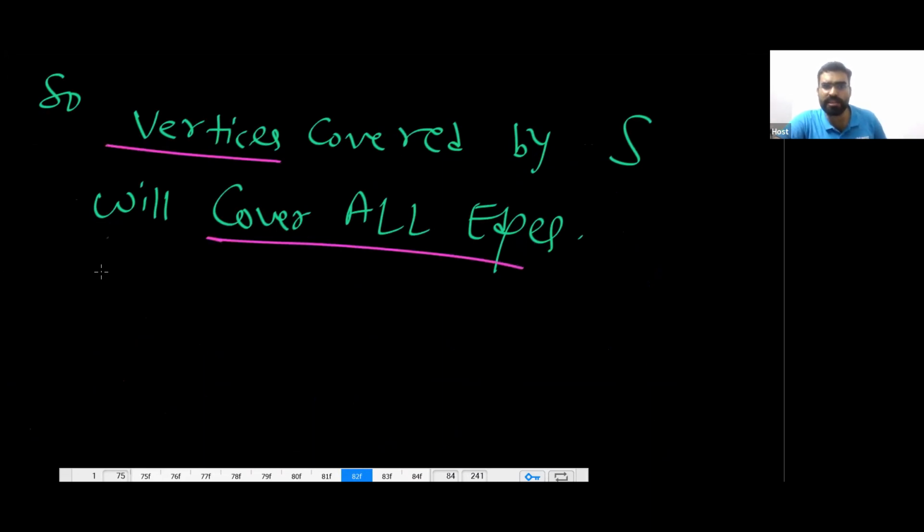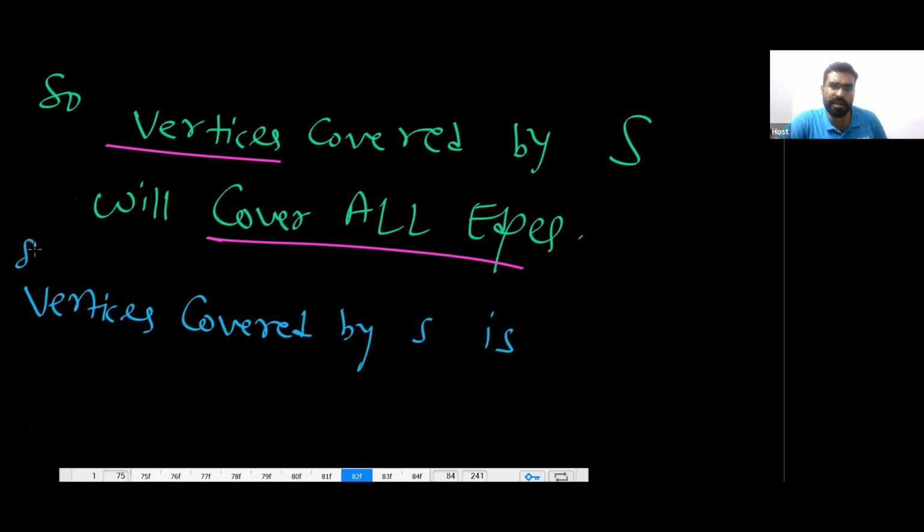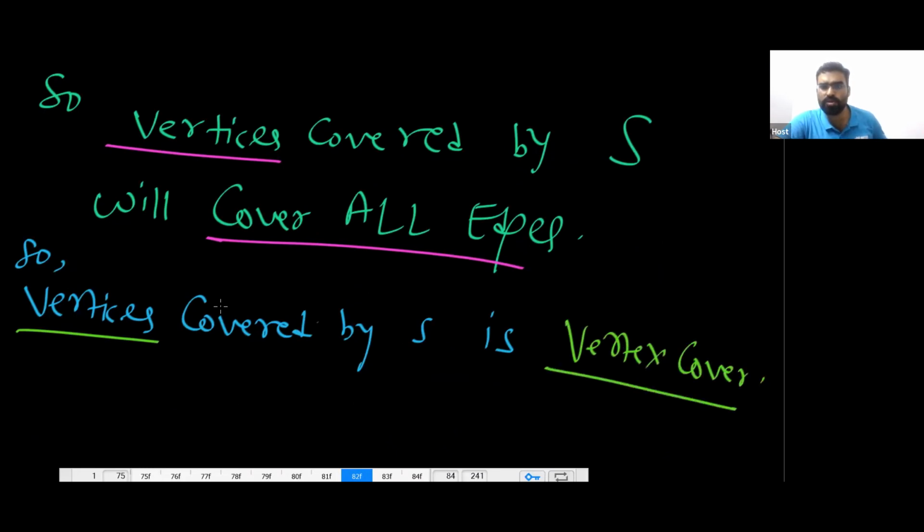So what can I call them? Vertices covered by S is a vertex cover, because it is covering all the edges.